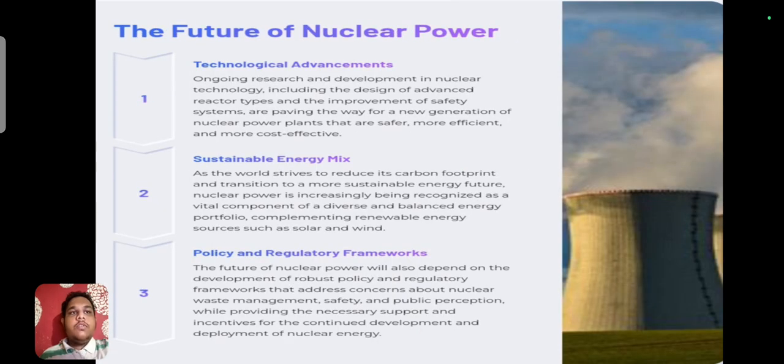The future of nuclear power. Technological advancements. Ongoing research and development in nuclear technology, including the design of advanced reactor types and the improvement of safety systems, are paving the way for a new generation of nuclear power plants that are safer, more efficient, and more cost effective.